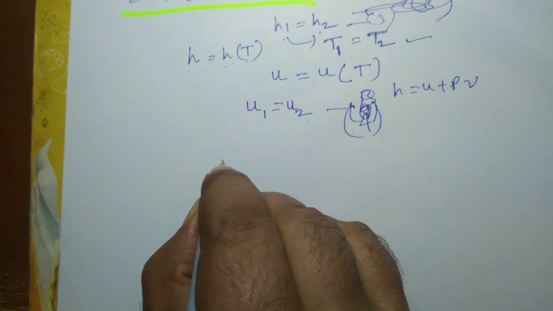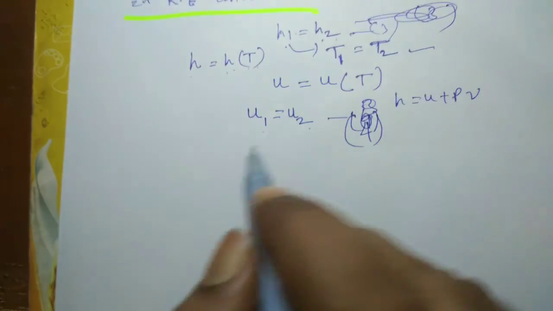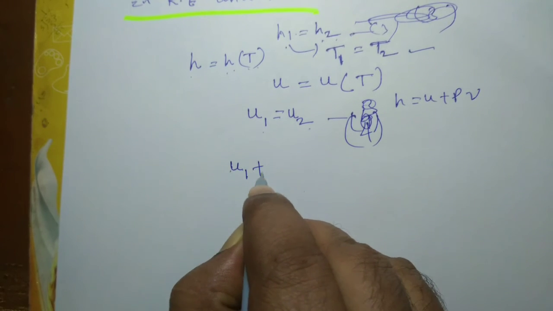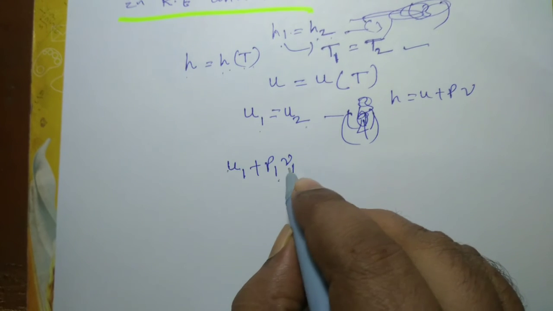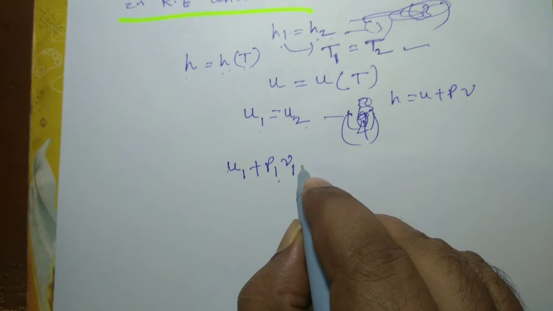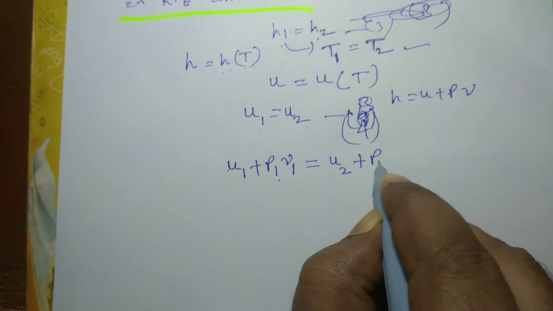We know that H is equal to U plus PV. By putting that relationship in equation 3, I can write U1 plus P1 v1, where P1 is the pressure at inlet or upstream section and small v1 is the specific volume at upstream section, is equal to U2 plus P2 v2.